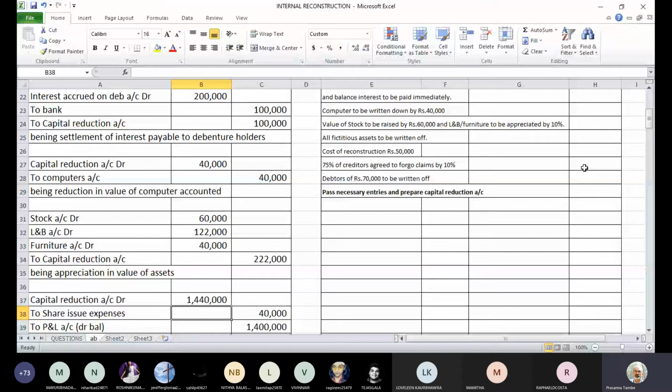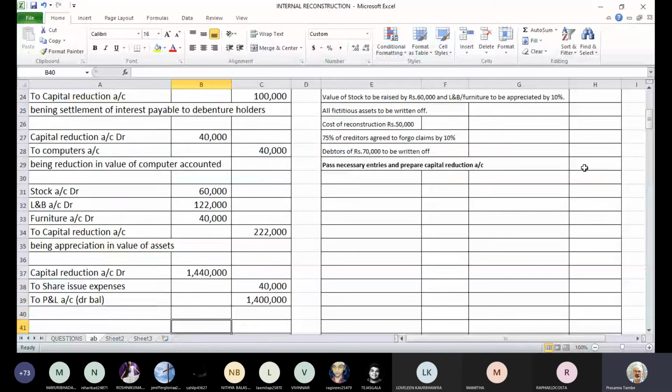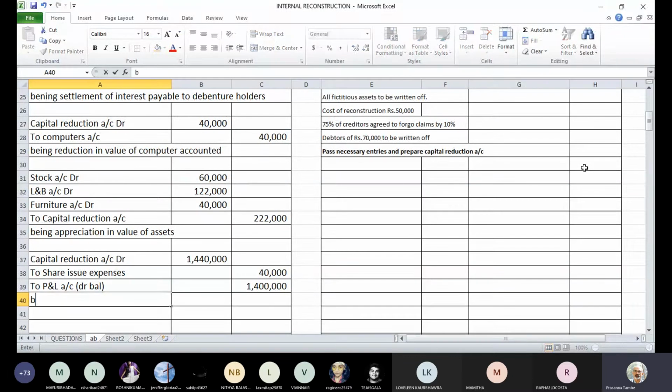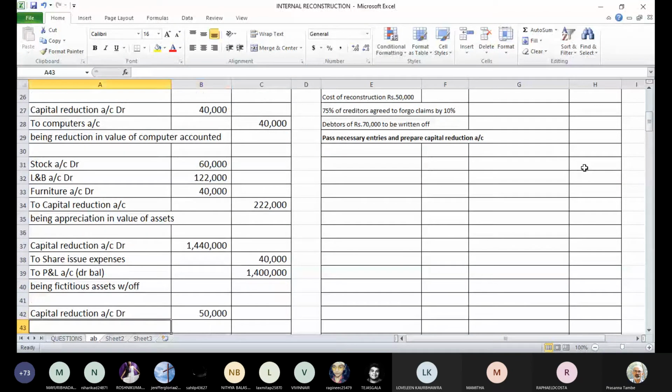Cost of reconstruction 50,000. Okay, here we have to write the narration. Then cost of reconstruction will be debited to capital reduction account only. So capital reduction account debit 50,000, to bank.